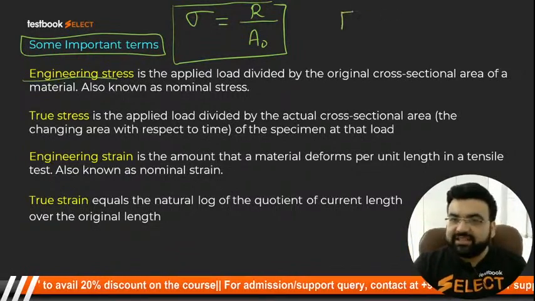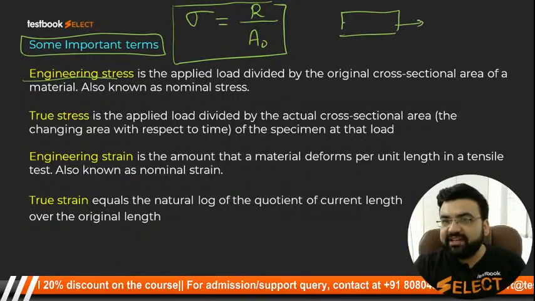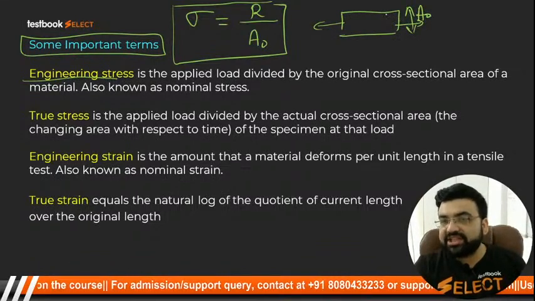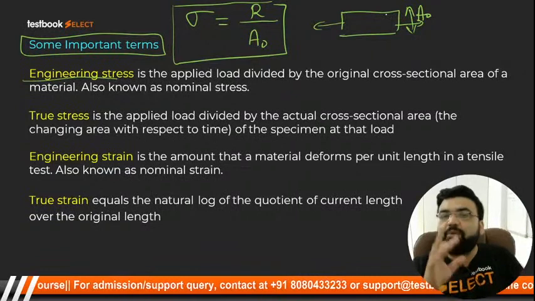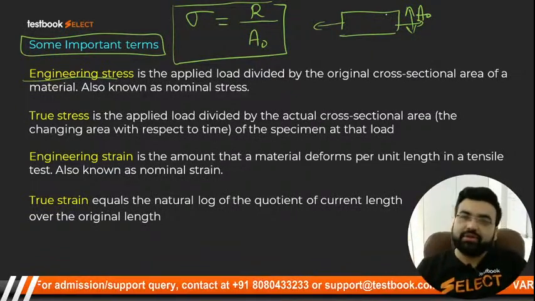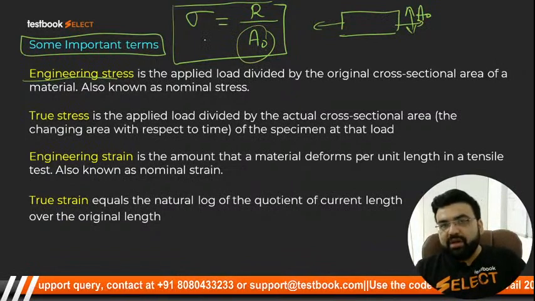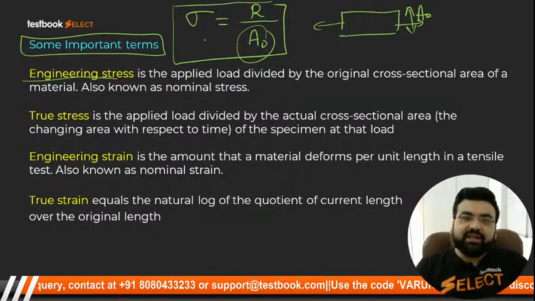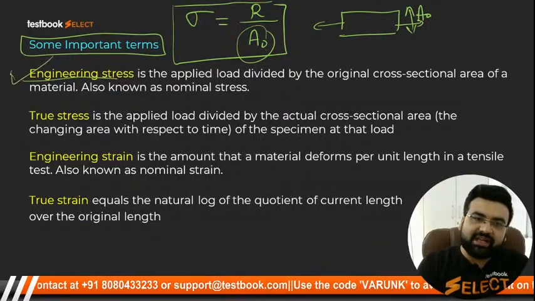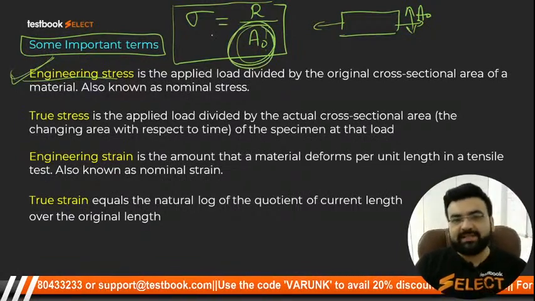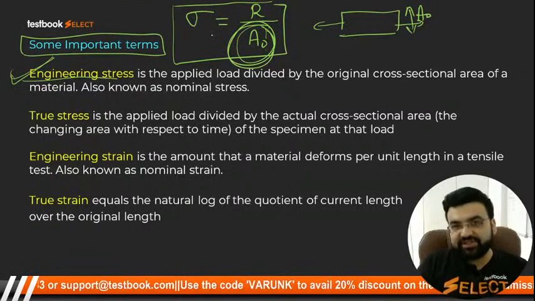Because we know that this is a body. If you apply some tensile force, the cross section area original was A naught, but the cross section area will keep on changing. It will keep on reducing if it is a tensile force. So this A naught is not going to be constant. But in engineering stress, whatever the load you are applying, divide by the original cross section area, that is what is called the engineering stress.